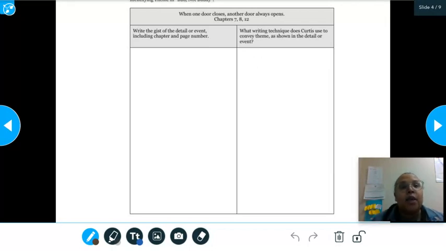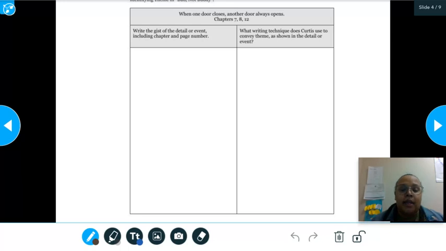Other ones that you can use today are the plot, the way in which the story is told. That could be another way in which the author conveys the theme. If you saw the previous video, we also looked at rules. Rules is another way in which the author conveys the theme of a story.